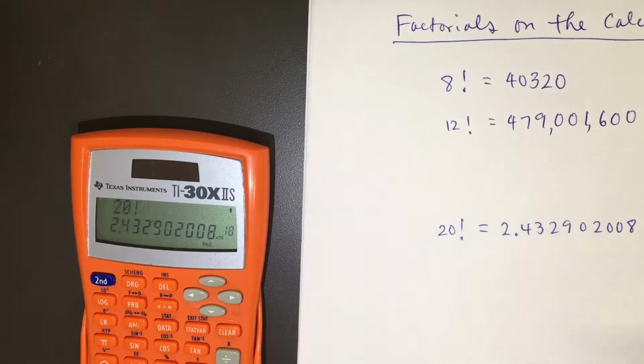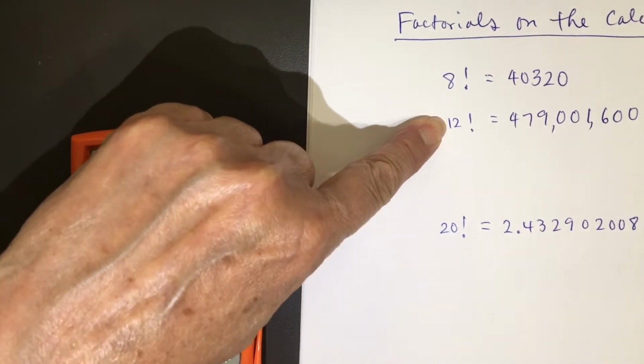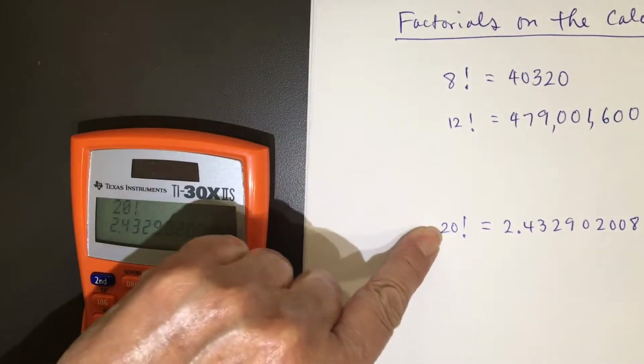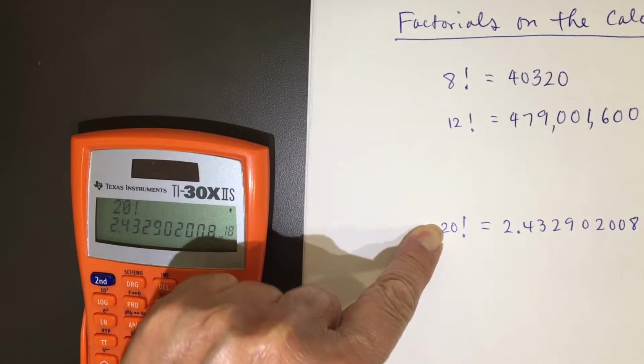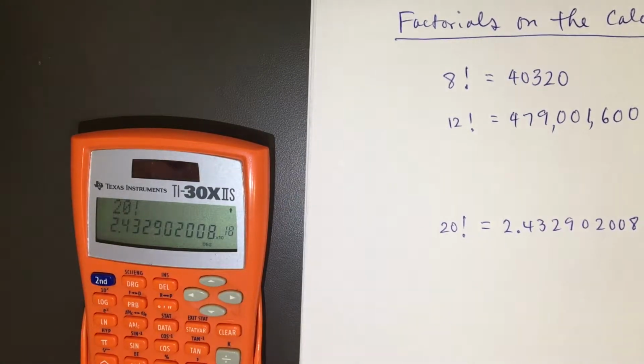A few others I want to type in. I want to figure out, when does the calculator start giving me scientific notation? So 12 factorial was standard, 20 factorial was scientific. On your calculator, try some numbers in between and let me know what you come up with.